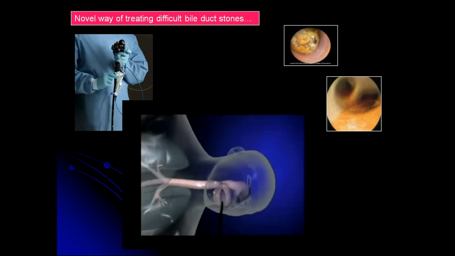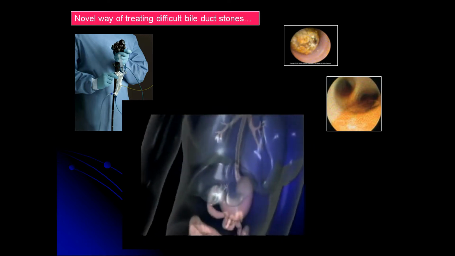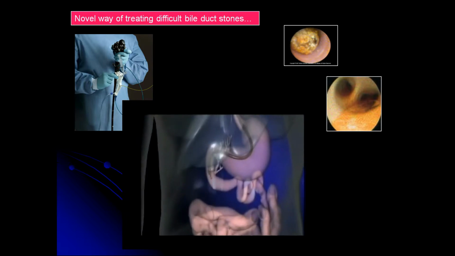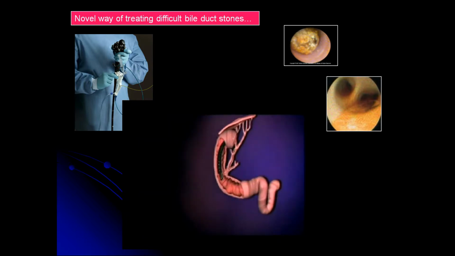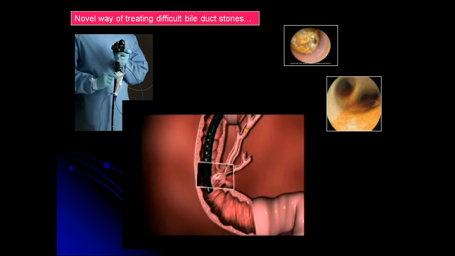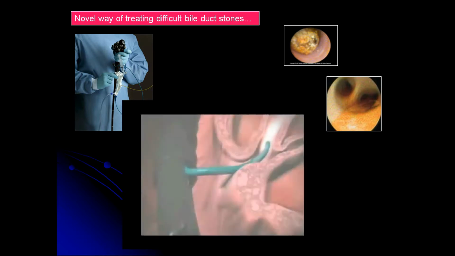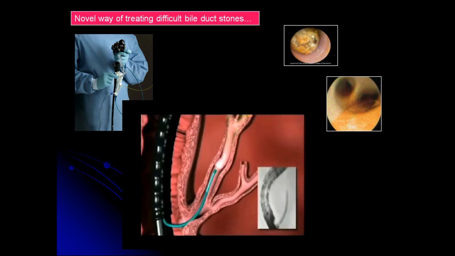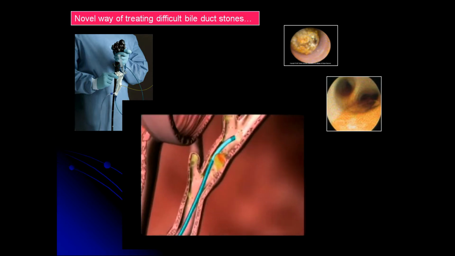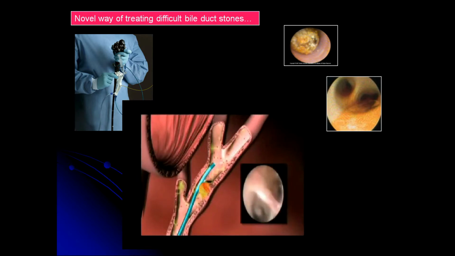Next slide. This video demonstrates the spyglass system. This duodenoscope is passed right up to the second part of the duodenum, and through the biopsy channel the cholangioscope or spyglass scope enters into the ampulla. It navigates right up to the middle and proximal portion. If it finds any abnormal area, you can take a direct visualization and a biopsy. And if it is a stone, you can either blast the stone or grab it and pull it out.